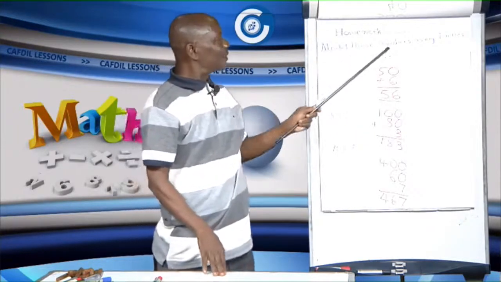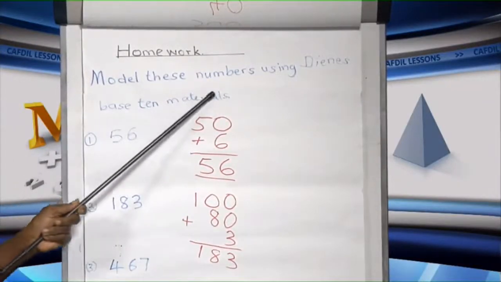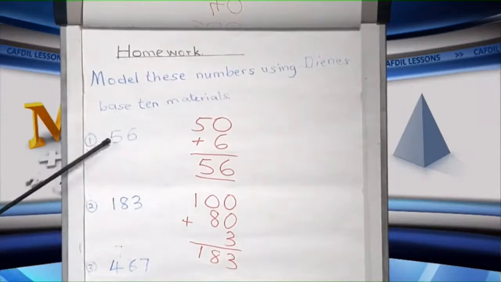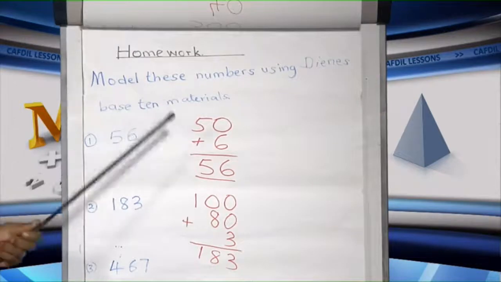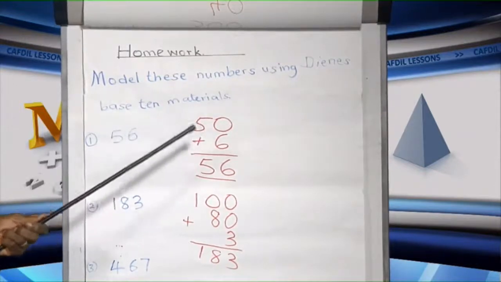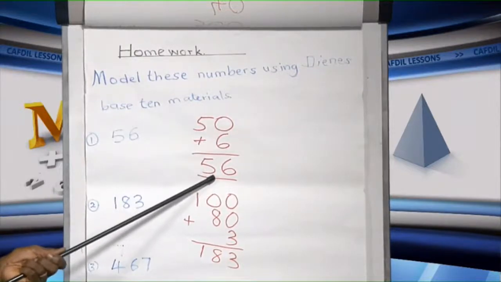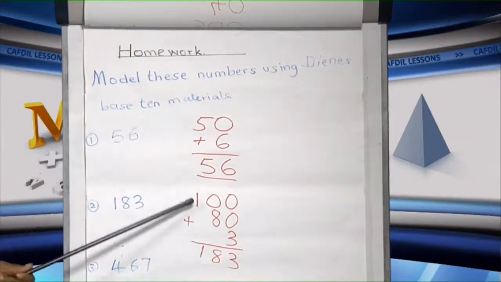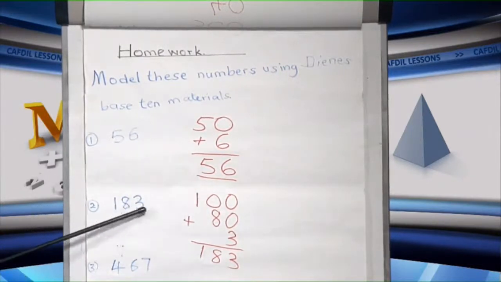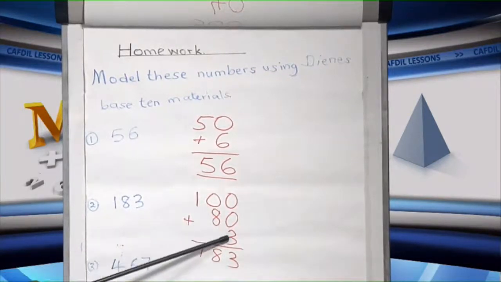Model these numbers using these base 10 materials. 56 will give us 5 longs and 6 units. You add, you get 56. 183, you have 1 flat, 8 longs, and 3 units.